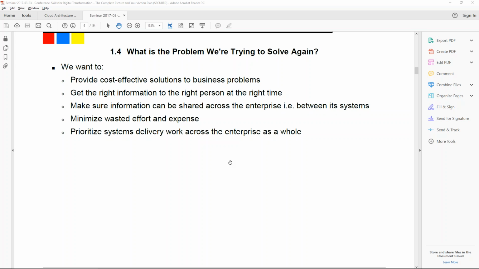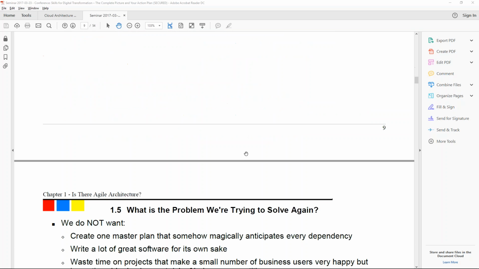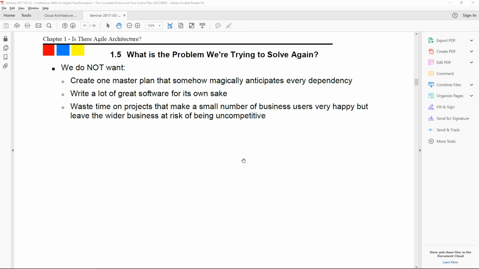And then the architectural point of view wants to push on systems delivery work as well, right? Things that architects have been known to do that aren't strictly the job. We don't actually need a master plan that handles everything.